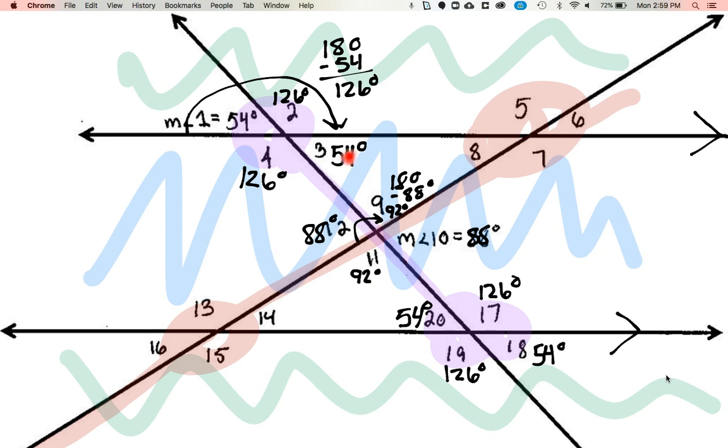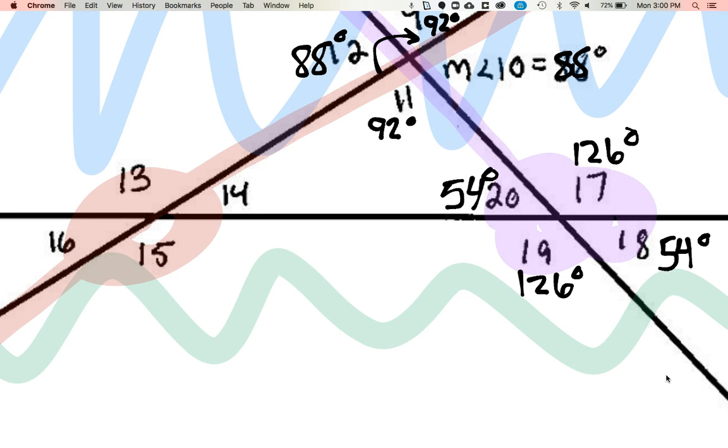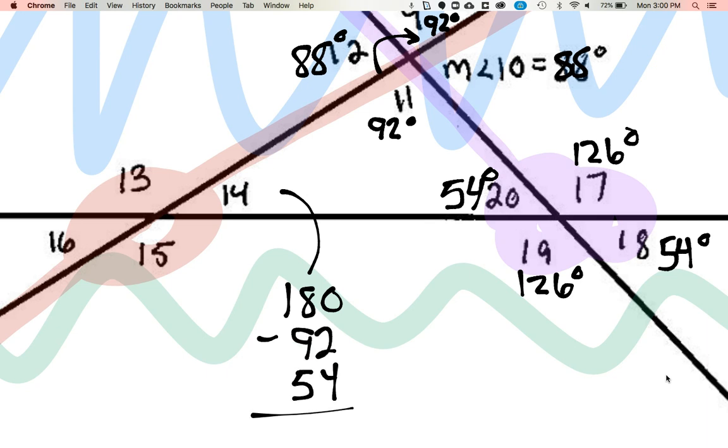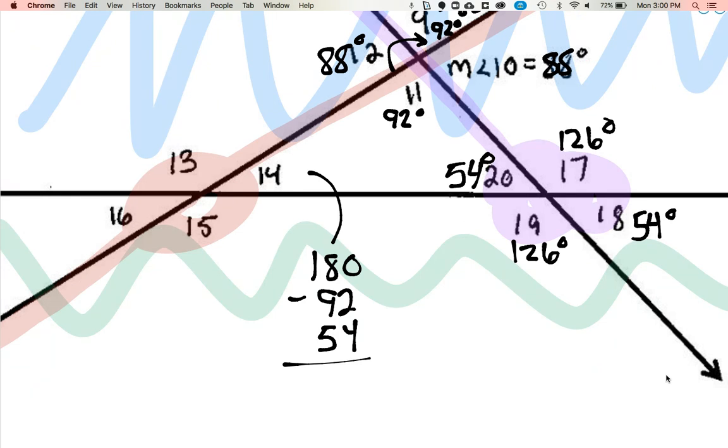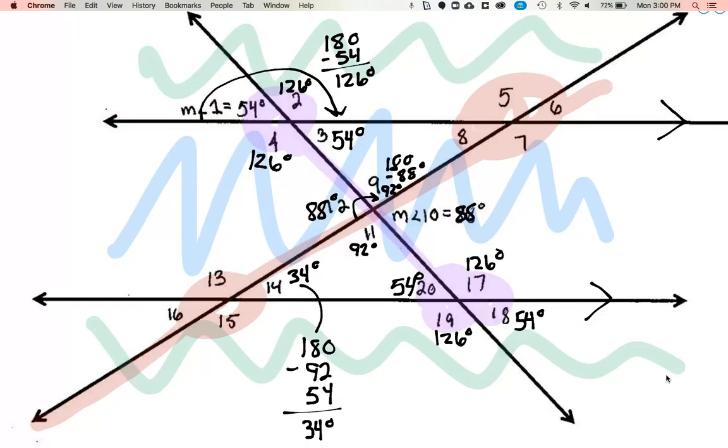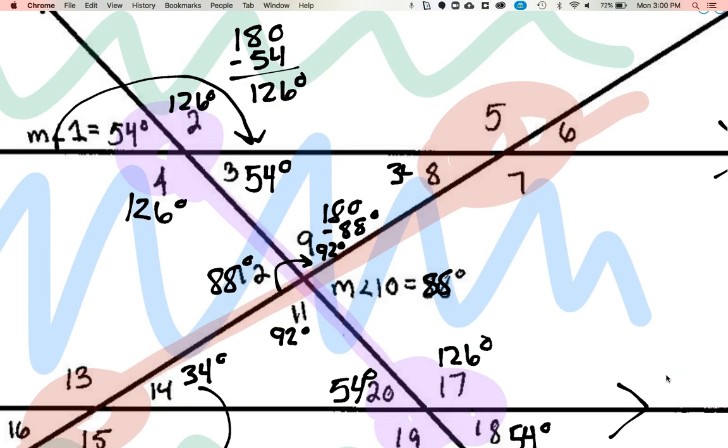Okay? They both have a 54 and a 92 in them, and we know that triangles add up to 180. So if they all add up to 180 and we already have 92 degrees and 54 degrees accounted for, subtracting that leaves us 34 degrees. It's the same subtraction up here, so this is 34 degrees, which means this is 34 degrees.